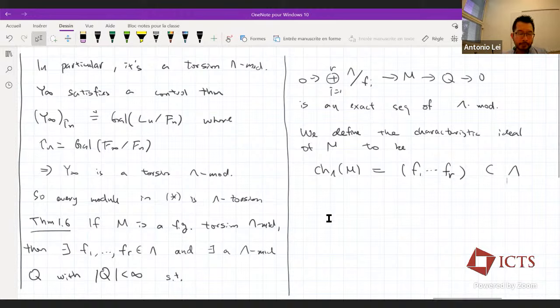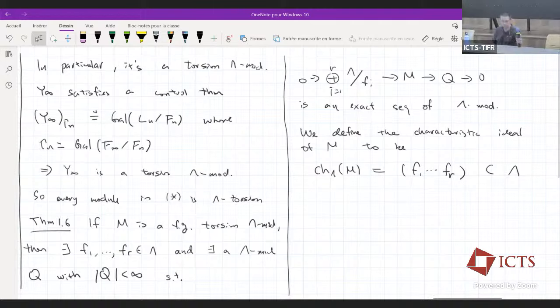Another thing is that here I have to assume my module to be torsion. I think when you define a Fitting ideal, it doesn't have to be torsion. So there are some slight differences between the two objects, but they definitely behave in a similar manner. I see. Thank you.